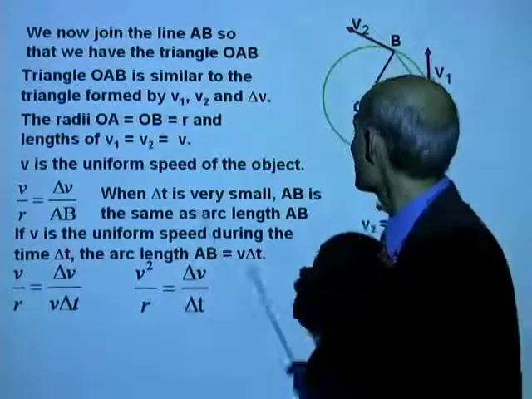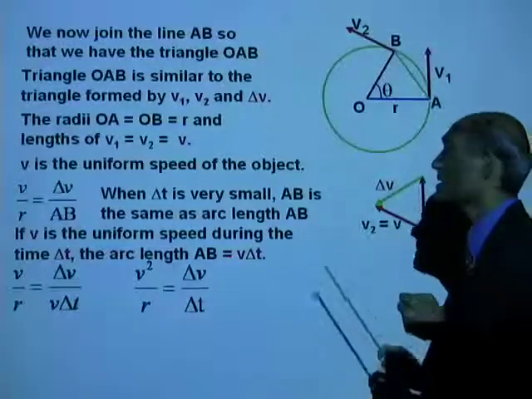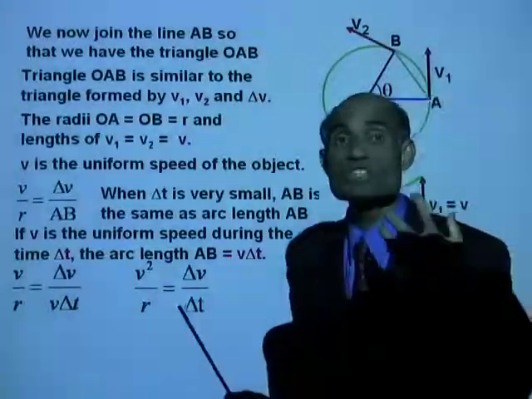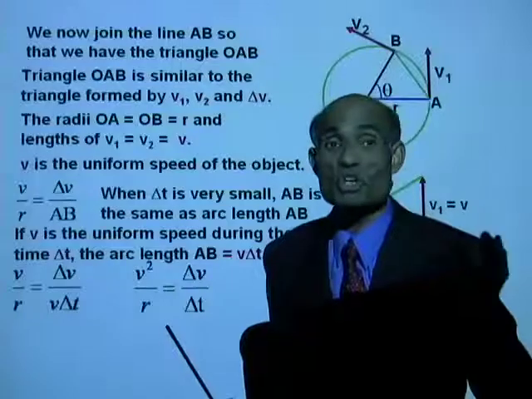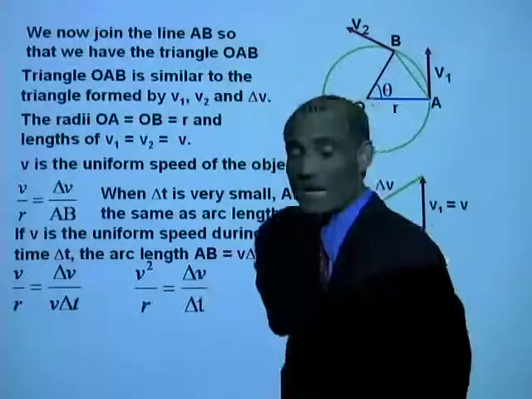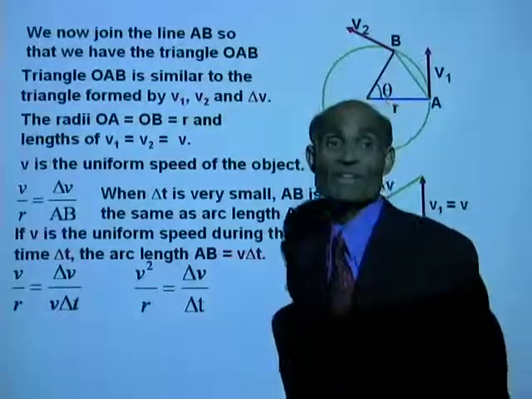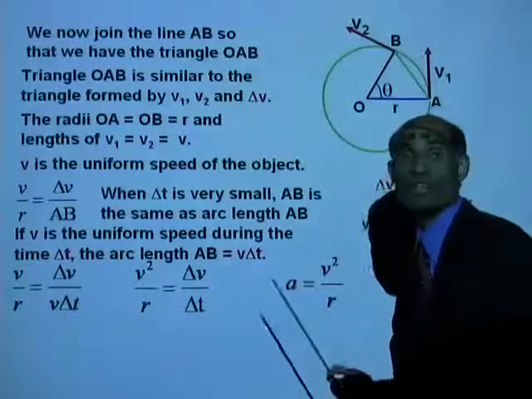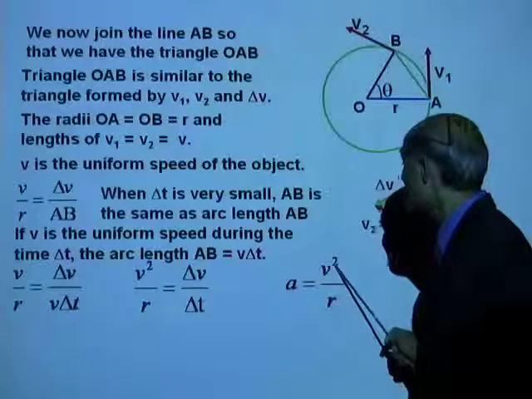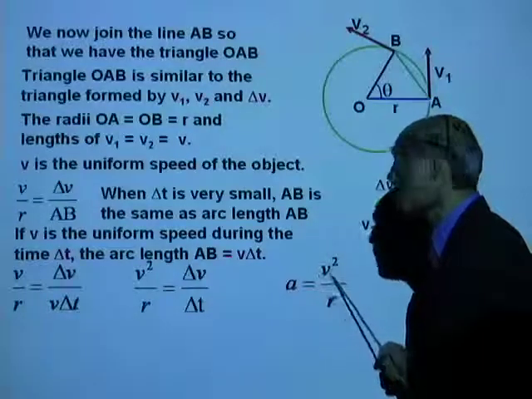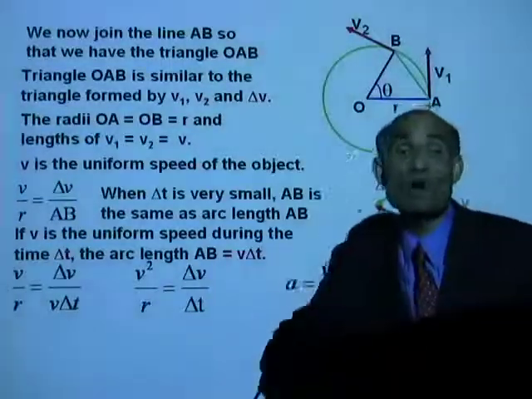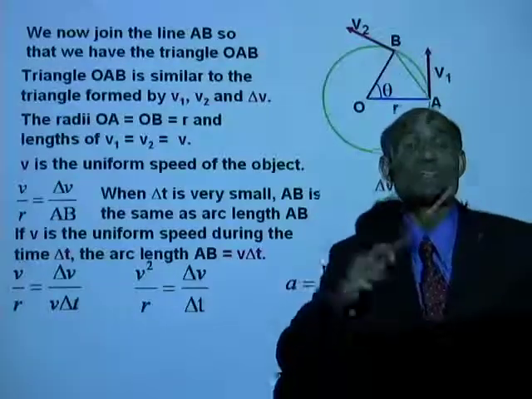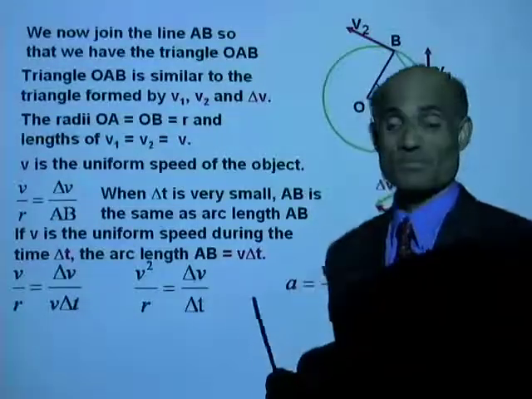Delta v is the change in velocity, and delta t is the time during which that change occurred. What is delta v by delta t? It is the acceleration. So acceleration of a circular motion is v squared over r, where v is the uniform speed of the object along the circle.